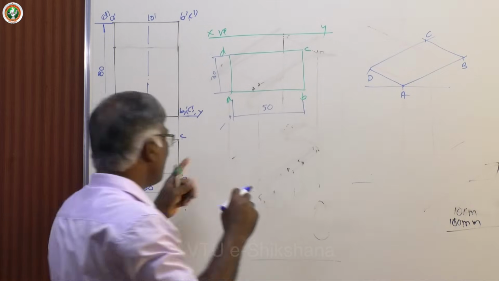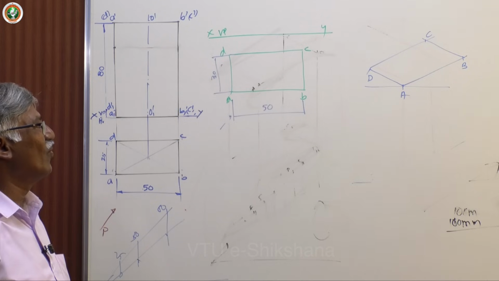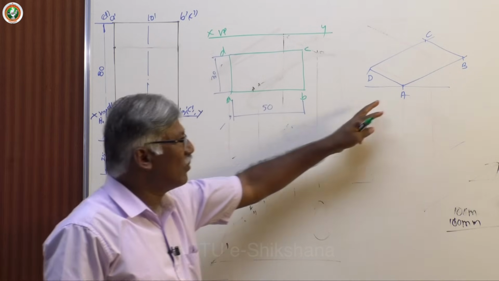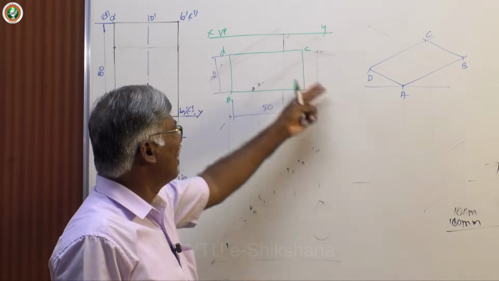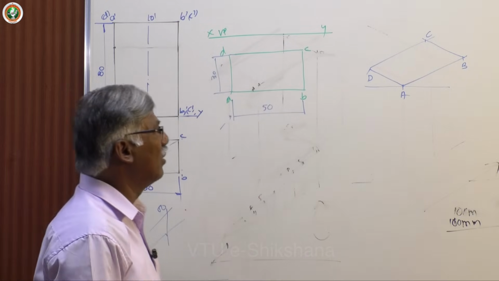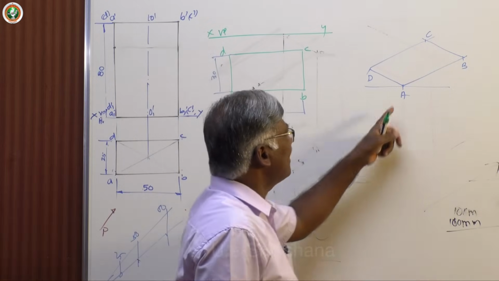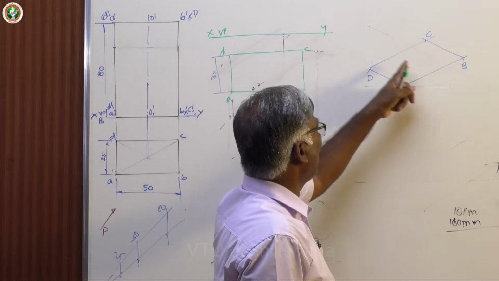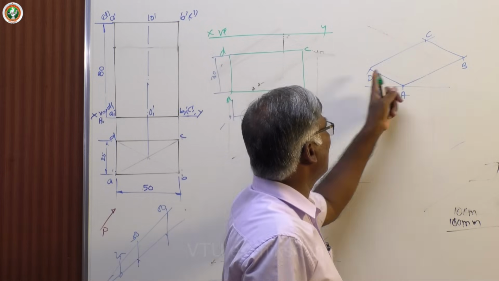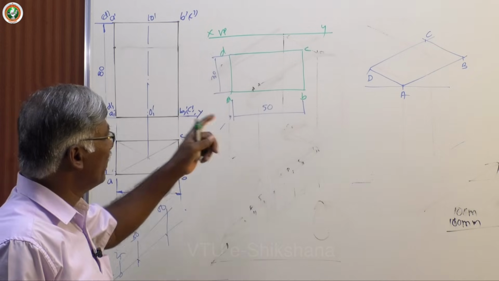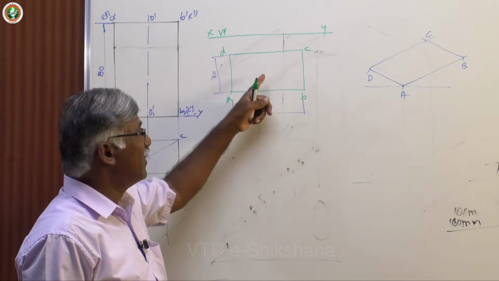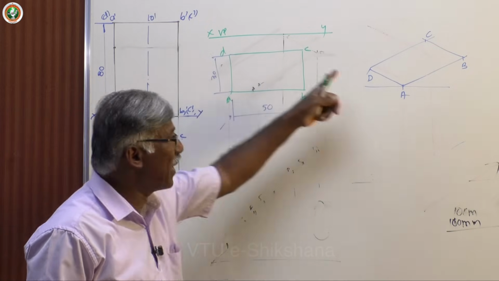Easy to understand now. So this is how you draw the isometric projection of a rectangle. In this direction, you start from B and the other way around you get it. That's all. The advantage is, if you draw these two, you draw parallels to these two through B and D. Parallelogram, easy.